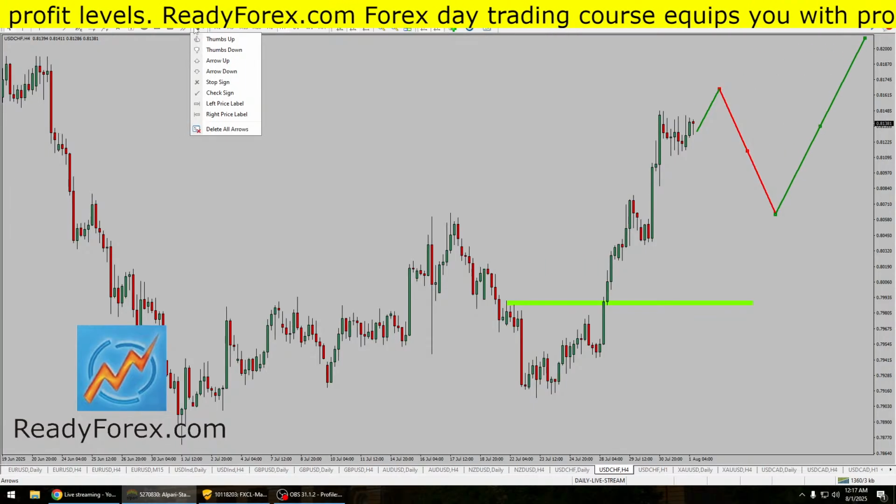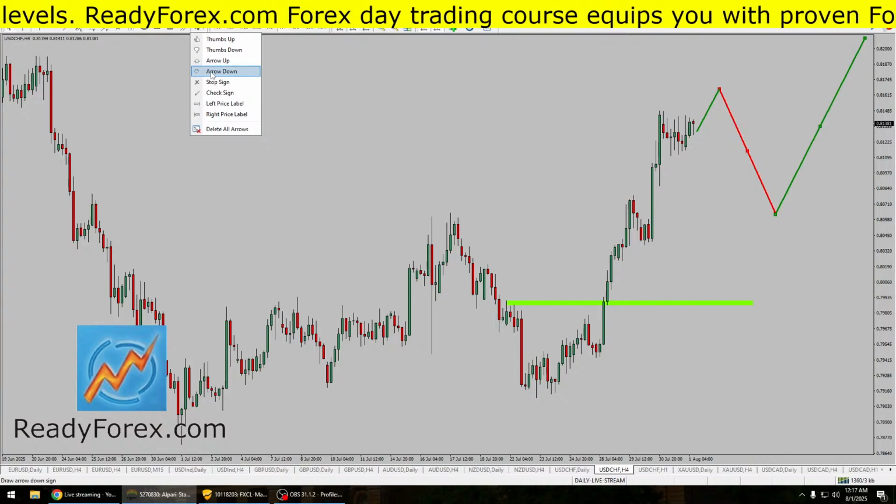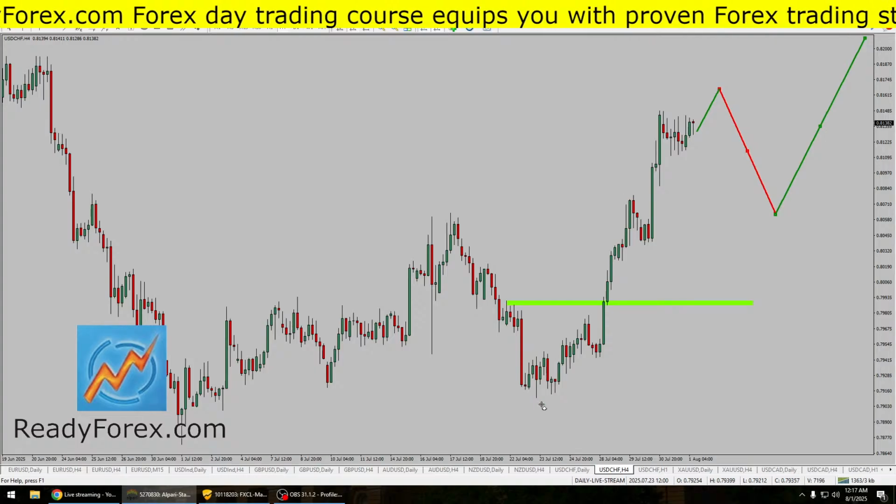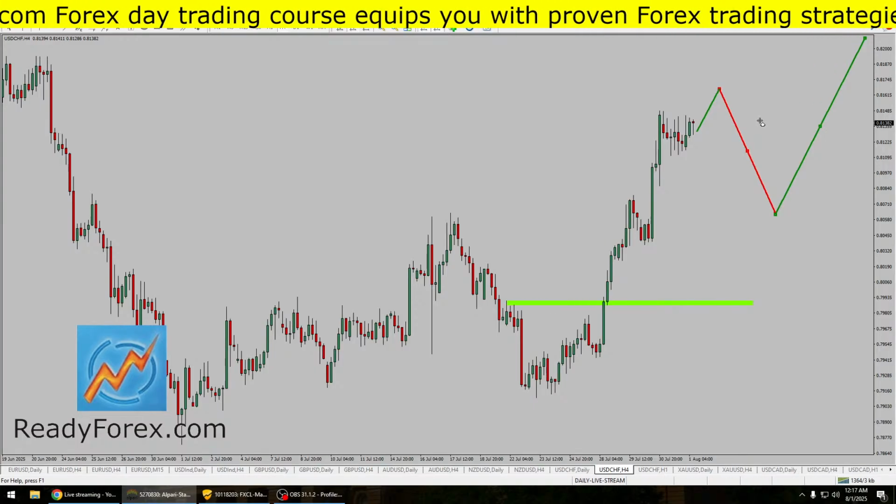Okay, regarding the US dollar Swiss franc, we have two scenarios or two possible chart patterns. In terms of Elliott wave, we are getting this as an ABC zigzag.